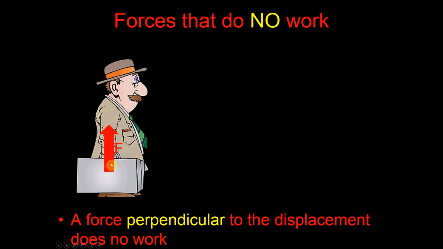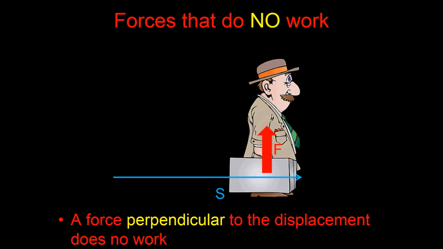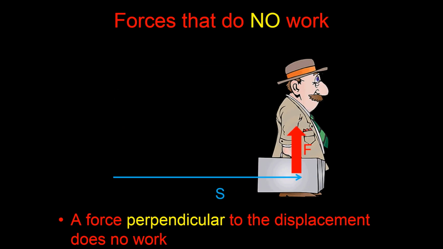In the case of this person, he's lifting with force F in the y direction, while he might be moving in the x direction. We cannot put this force, this y force here, with this displacement in the x direction, this S. This F and this S cannot go together. F and S must be in the same direction, to say work equals force times displacement.